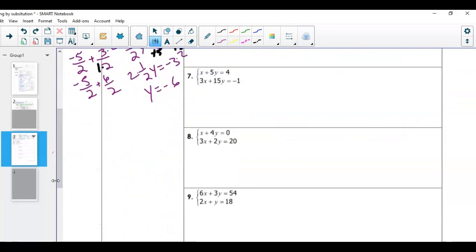So for 7, I see that this x is by itself, so I'm going to solve for that x by subtracting the 5y. Now I can take this equation and put it in for the x in the other equation.